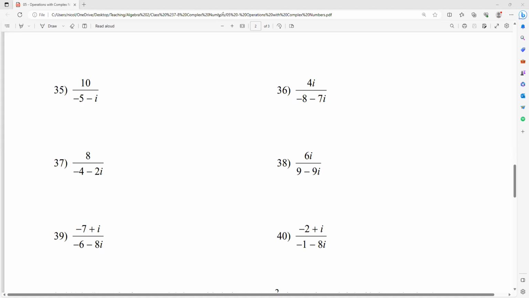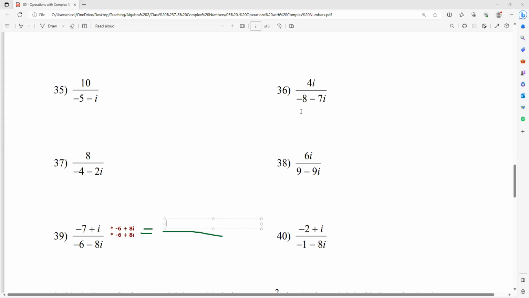We're going to multiply top and bottom by negative 6 plus 8i. So do not change the sign of the real number, right? The real number is the number in the front. You're only changing the sign of i. So it was a minus 8i, now it's a plus 8i. So lots of students get that part confused. Don't confuse that.